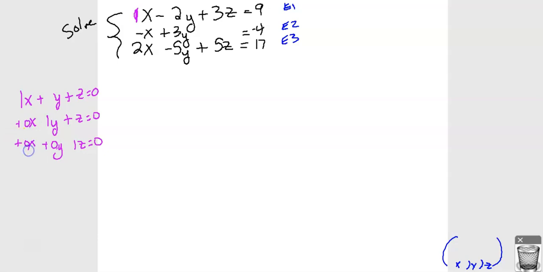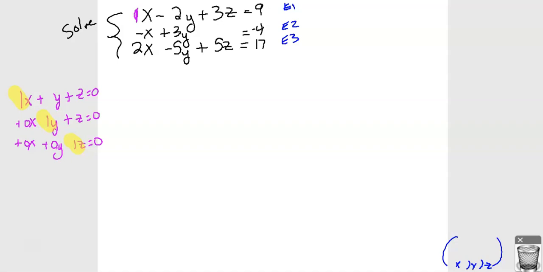So row echelon form, again, is a stair step. You want to get the 1s right there, and you need to get rid of the x's and y's. So you're going to use the process of elimination to solve this. And there are multiple ways to do this, guys, multiple ways.